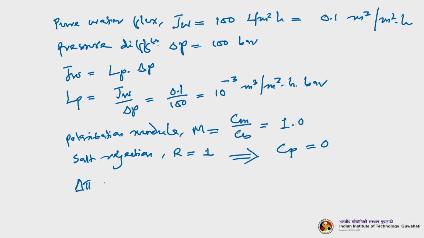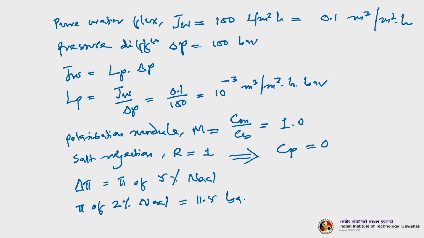So, delta pi equals pi of 5% NaCl. It is given that the osmotic pressure of a 2% sodium chloride solution is 11.5 bar. So, pi of 2% NaCl is 11.5 bar.